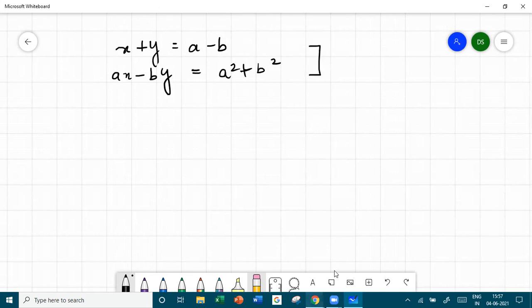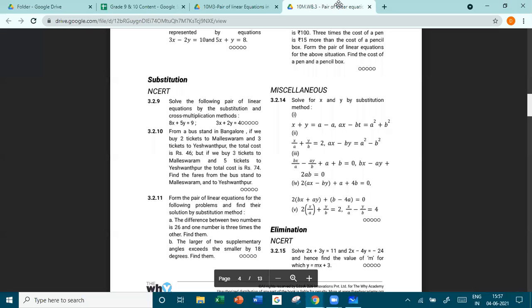I think there are a few typos here, so you can correct them. This should be a minus b. If it is a minus a, it would become 0, right? That will change your whole question. This is not t, this is y. ax minus by is equal to a square plus b square, right? The other equations look okay to me.